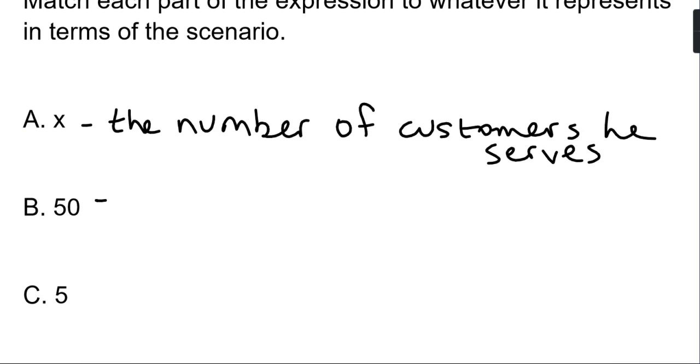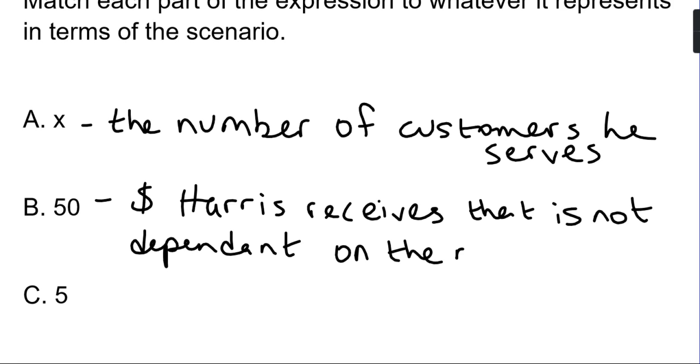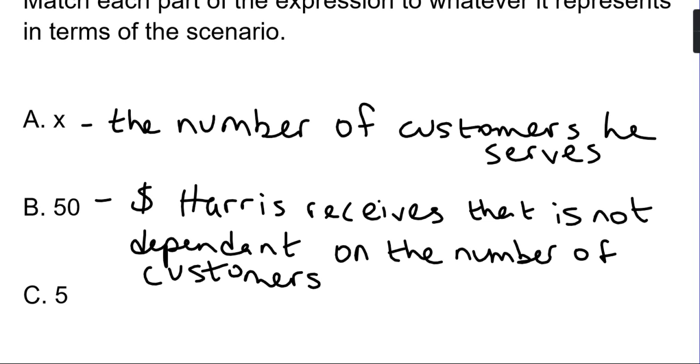So $50 is the money that Harris receives that is not dependent on the number of customers that he serves. Okay, so this is his set one-time salary, you could say, that he gets each week. Nothing to do with how many customers he serves.